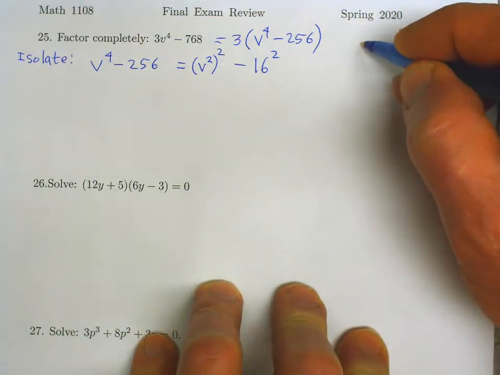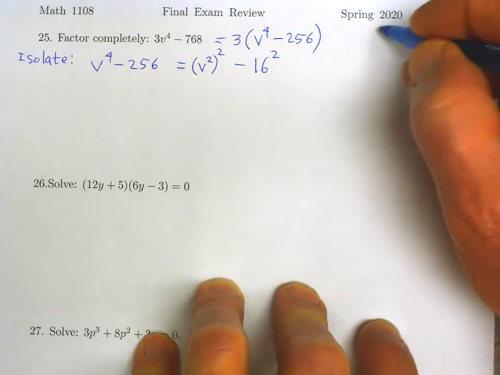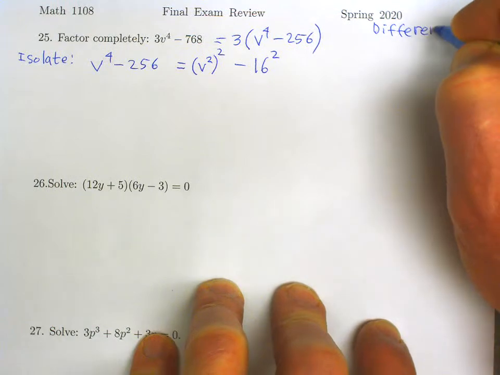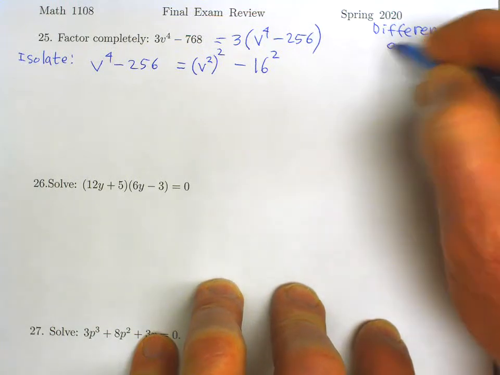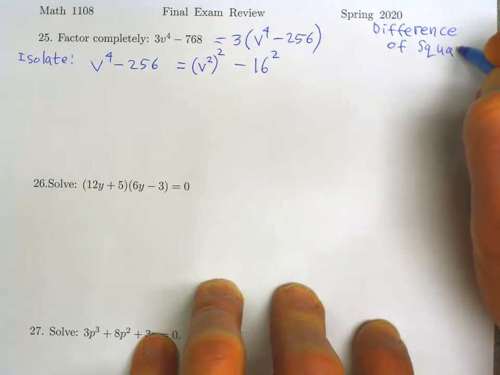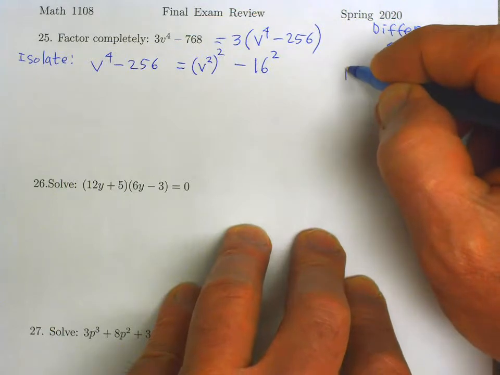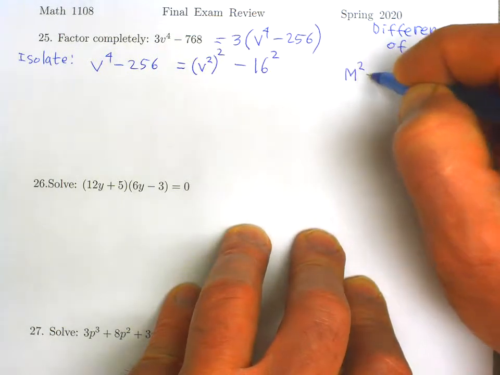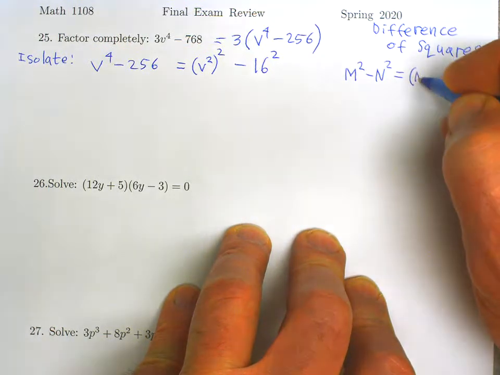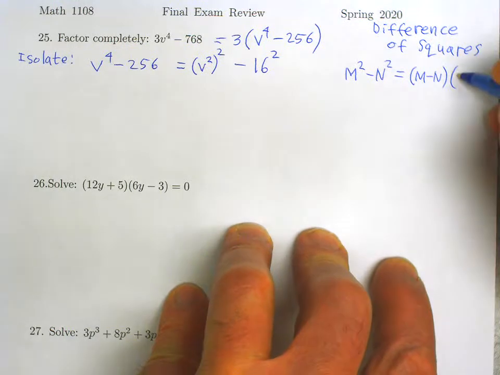So I'll remind you of the difference of squares factoring formula. If you have something like m to the second minus n to the second, one of the factors is m minus n, and the other one is m plus n.